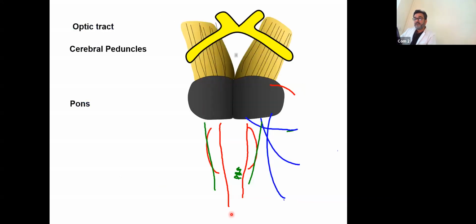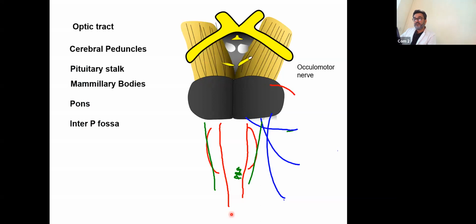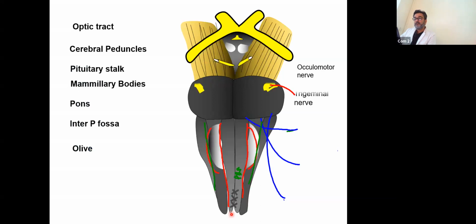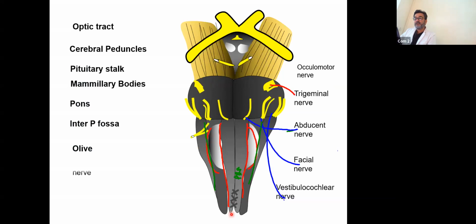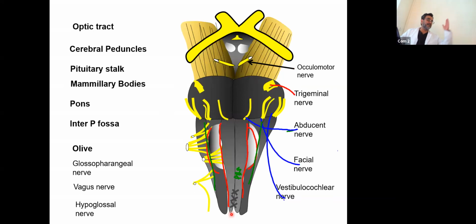So let's look at the external features. What we are going to do is see the brainstem from the front, then from the side, and then from the back.